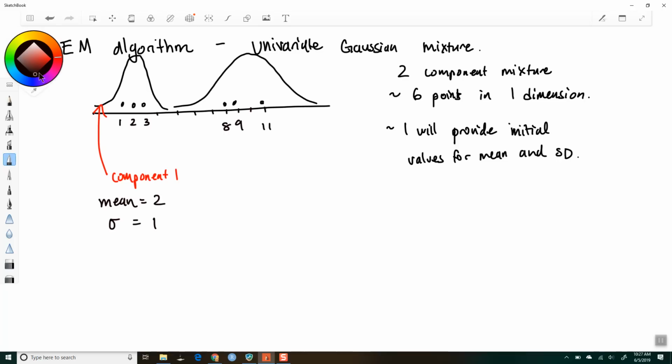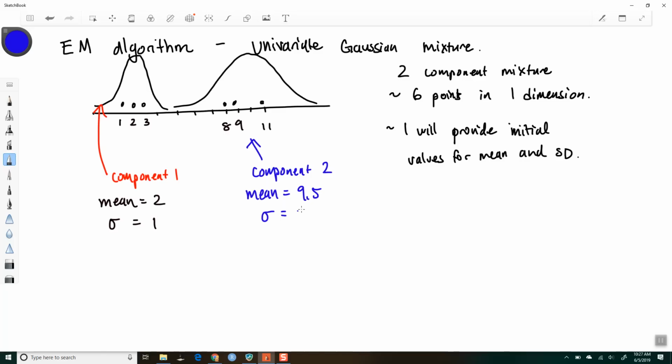Okay, and then over here we've got component 2 has mean equal to 9.5 and standard deviation equal to, I don't know, 1.5 or something, okay?